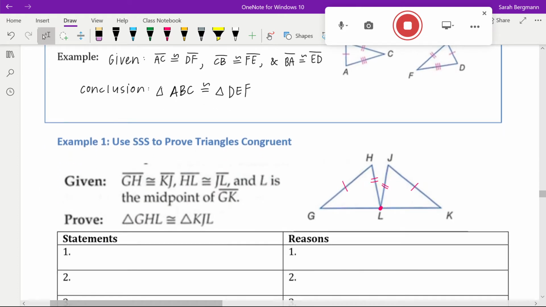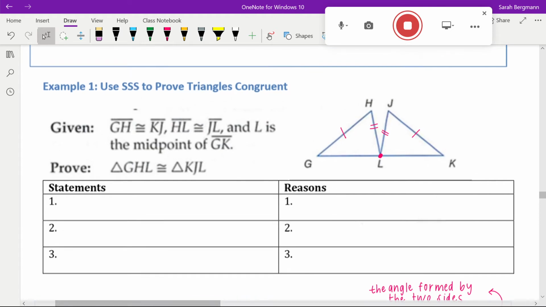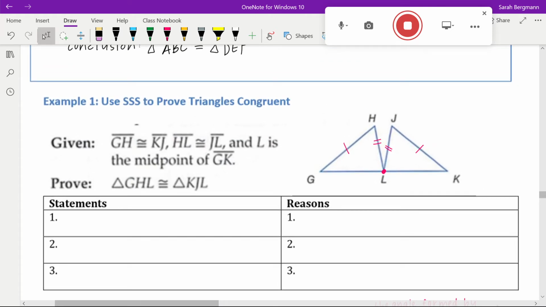Alright, let's try this in a proof. I already labeled a little bit for you here in the diagram. Go ahead and do the same on your paper. We're trying to prove that the triangles GHL, this triangle here, and KJL, this triangle here, are congruent.